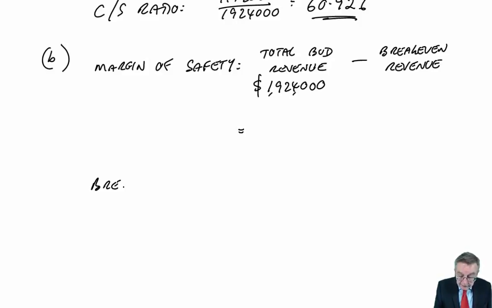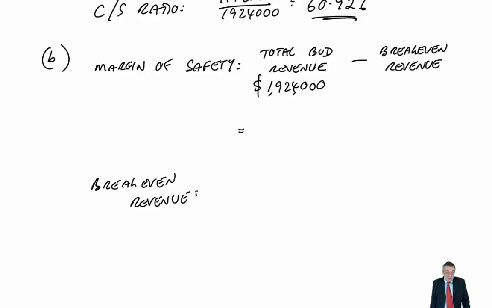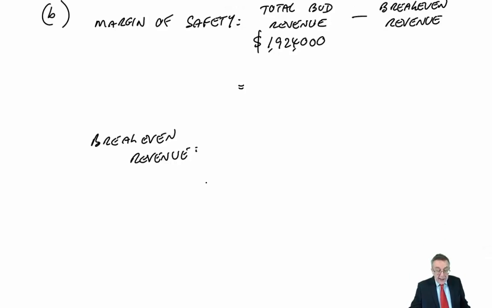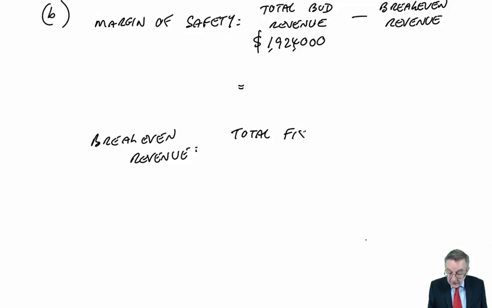How am I going to get break-even revenue? Well, again, something so standard and something you must have learned. If not, go back and watch the relevant lecture. But for break-even revenue, having got the CS ratio, it's the total fixed costs divided by the CS ratio.